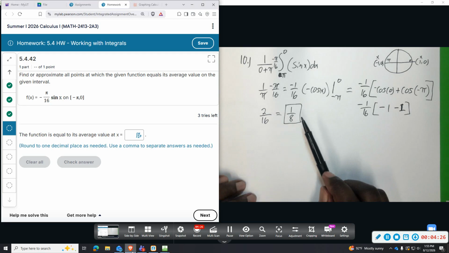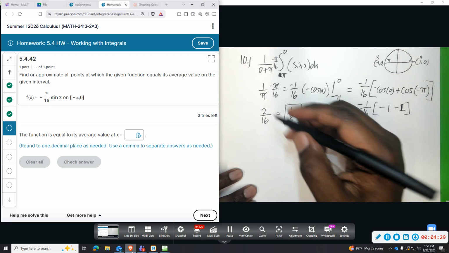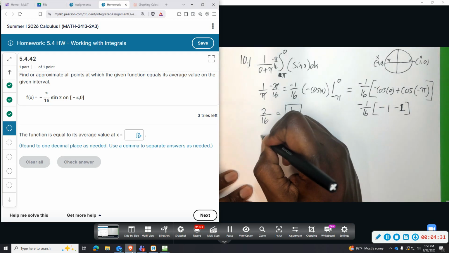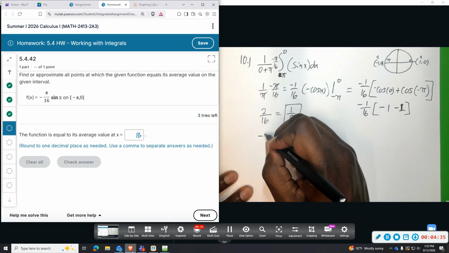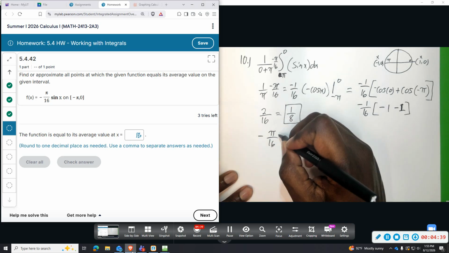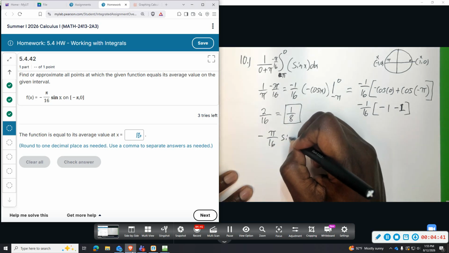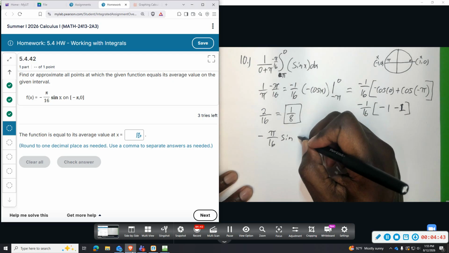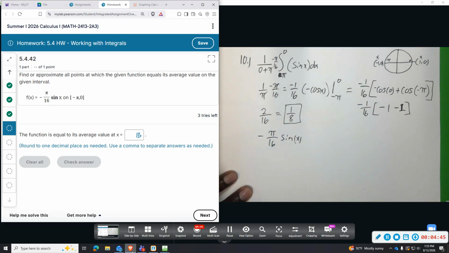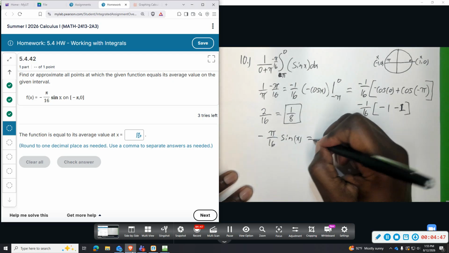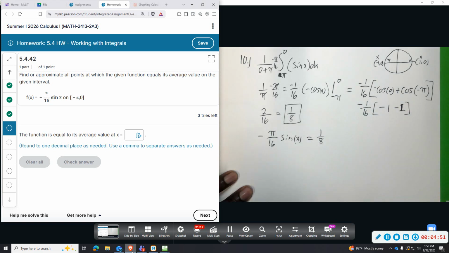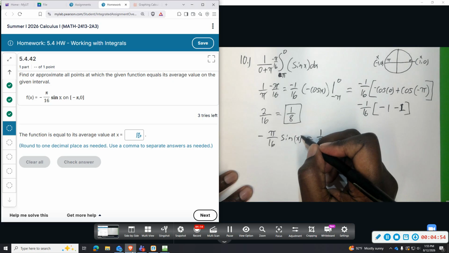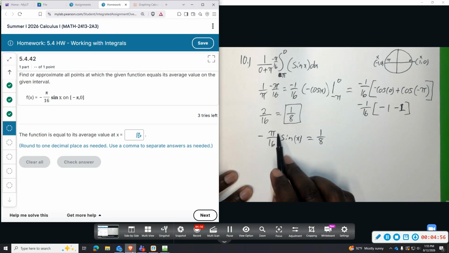So basically we want to know, if I were to solve by hand, which I'm going to use a calculator, but if I was to solve by hand, we would be looking at negative pi over 16 times sine of x, and we would set this equal to 1 over 8. Now we might not be able to get the exact answer by hand, but I can at least show the process.